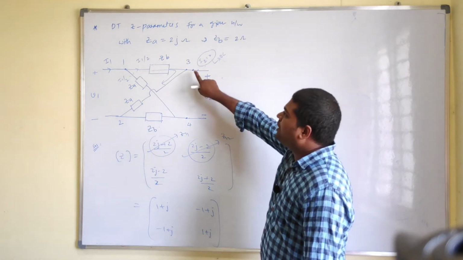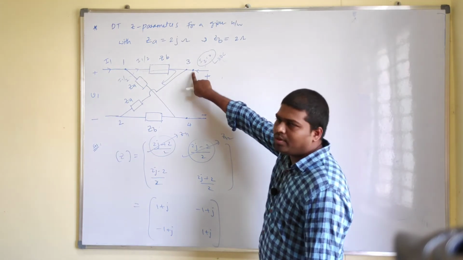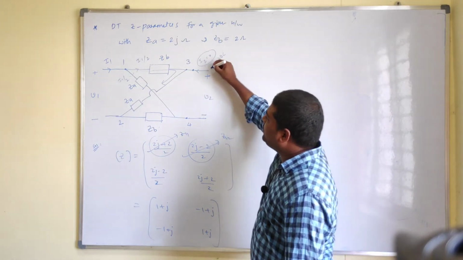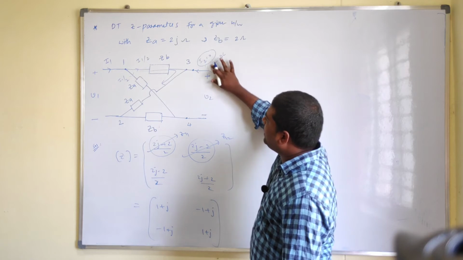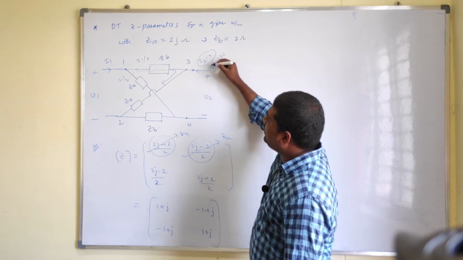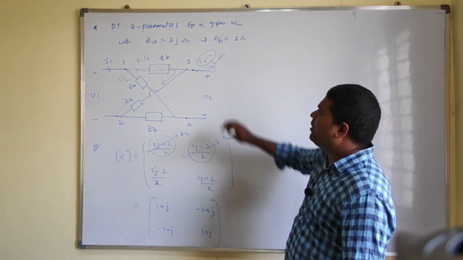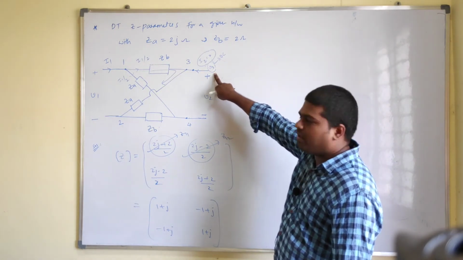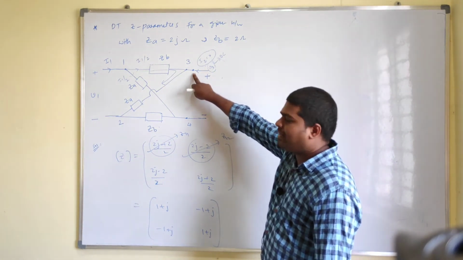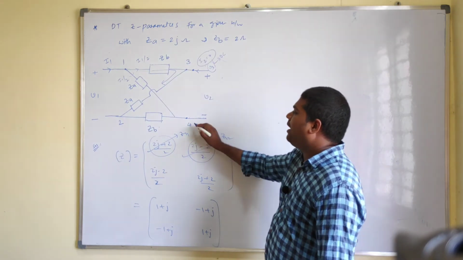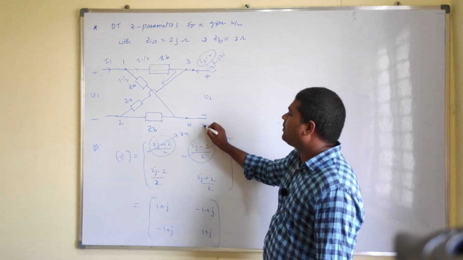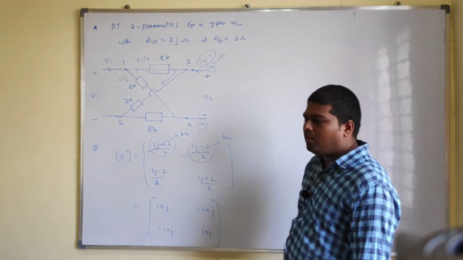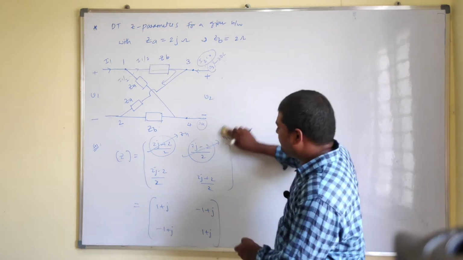Here we have some node voltage, that I can denote as V3 for this third terminal, and in the same way here I can represent V4, for example.